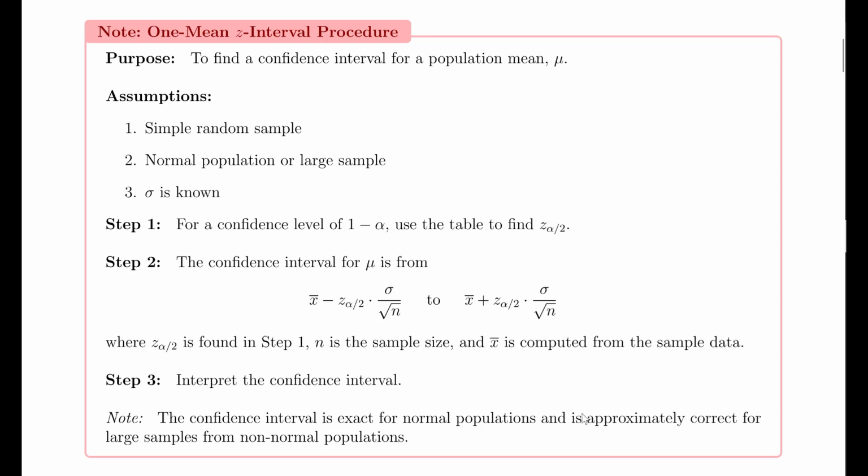That's something we talked about yesterday on one of the questions. And third, we also know what the population standard deviation is. We're going to have to use the z-table. We're going to use the two formulas that I just highlighted, where we have x bar plus or minus z sub alpha over 2 times sigma over square root of n. And then we're going to interpret that interval.